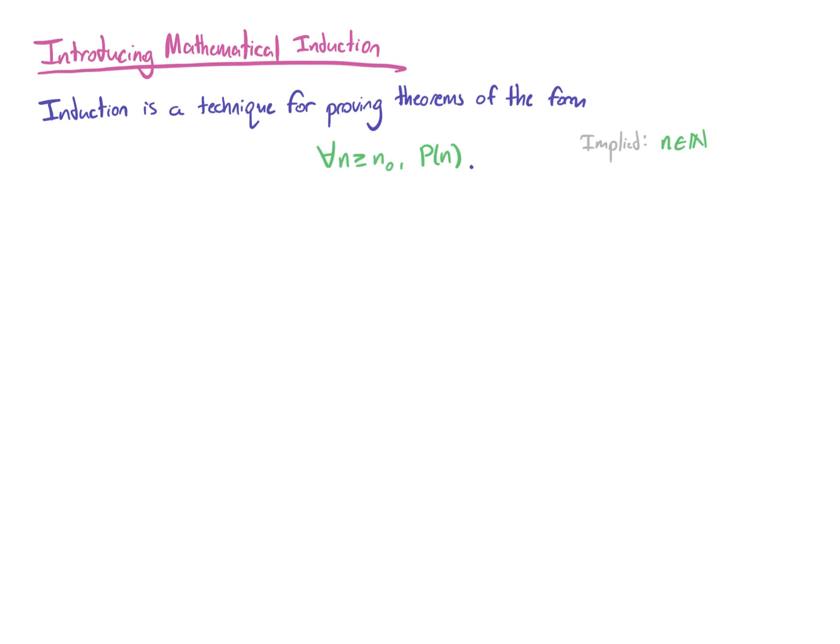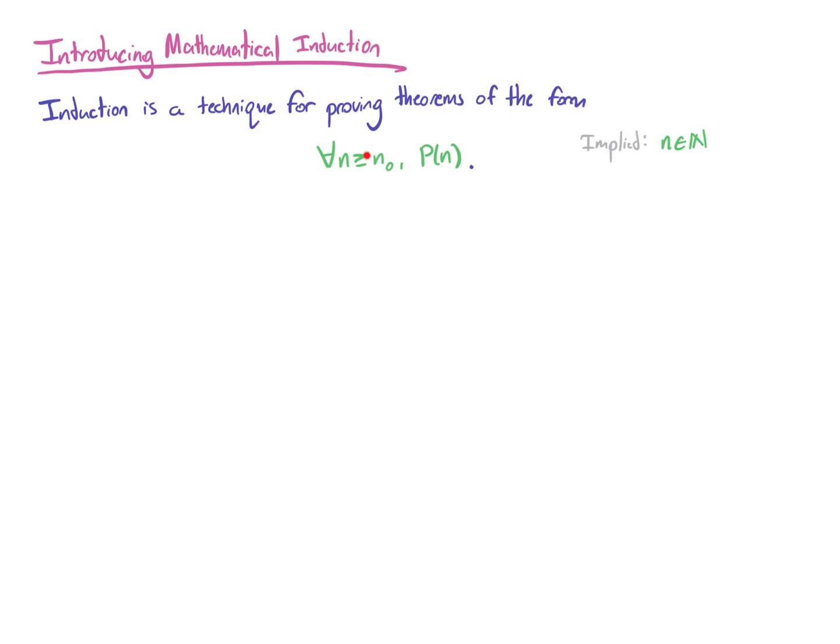At its heart, induction is a method for proving theorems of the following form: for all n larger than or equal to some base case n naught, so this could be any constant. What we're not saying here but almost always implying is that n is a natural number.